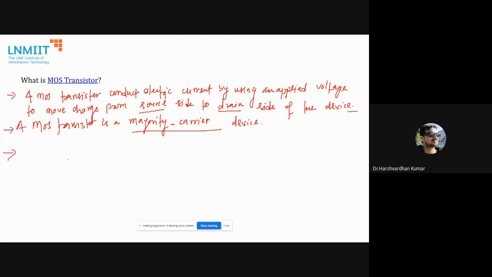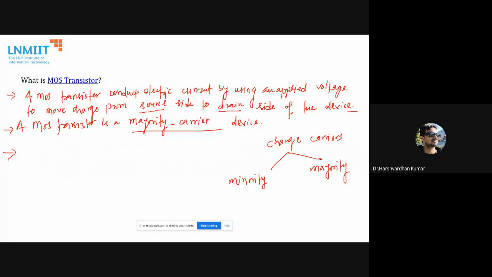So majority charge carrier means there are two types of charge carriers, that is minority charge carriers and majority charge carriers.